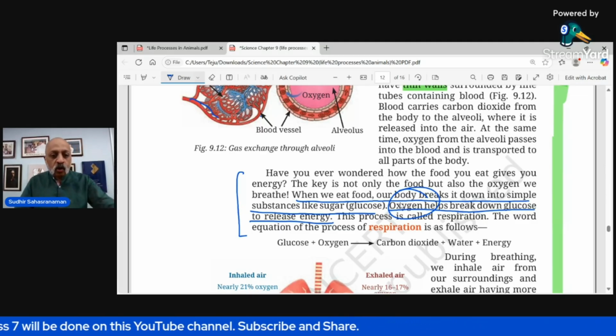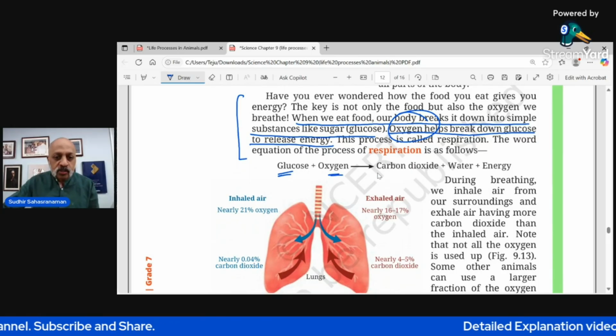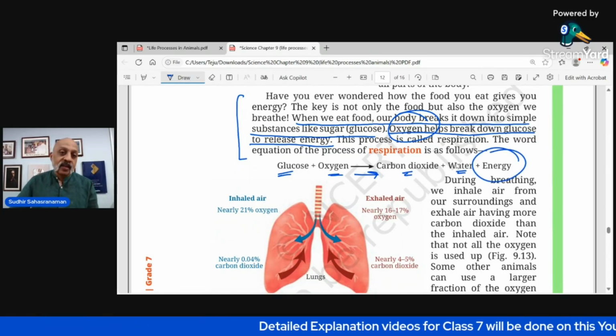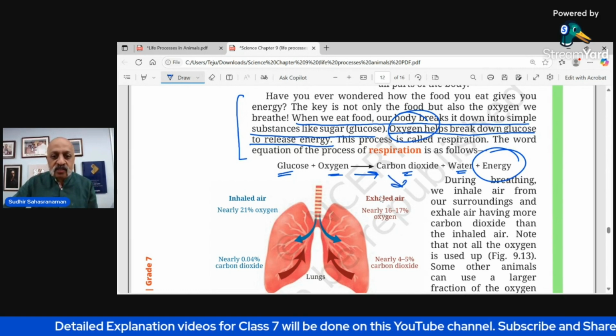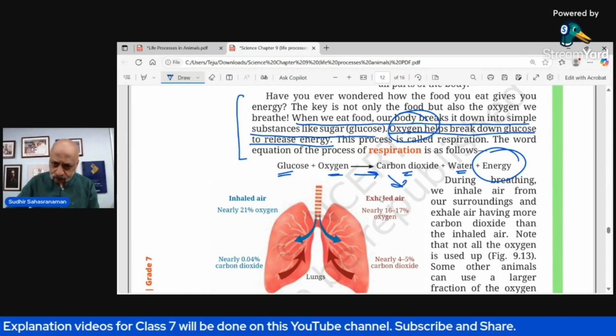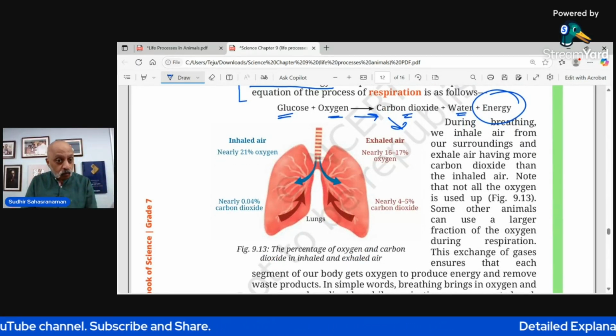The word equation of the process of respiration is glucose plus oxygen leads to carbon dioxide plus water plus energy. The energy being the most important. Carbon dioxide is released outside. Okay. Now, during breathing, we inhale air from our surroundings and we exhale air having more carbon dioxide.